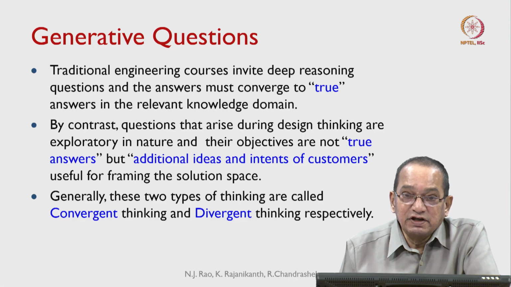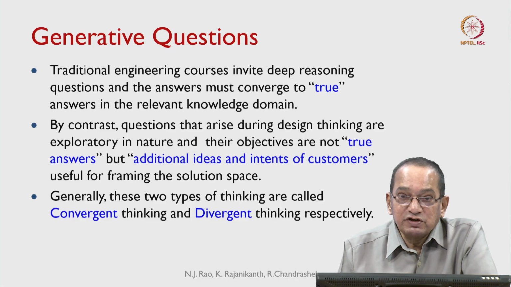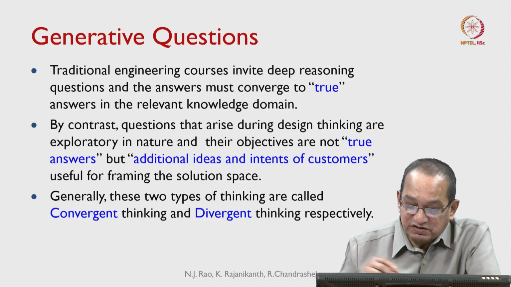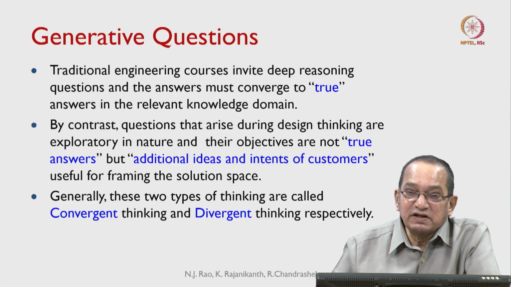That is, when the objective of the questions is to arrive at a true answer, we say it is convergent thinking. When the objective is to explore the design spaces, the thinking is called divergent thinking. Here there is no idea that we should arrive at anything like a true answer.